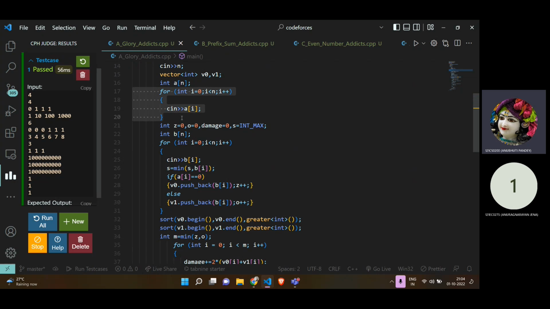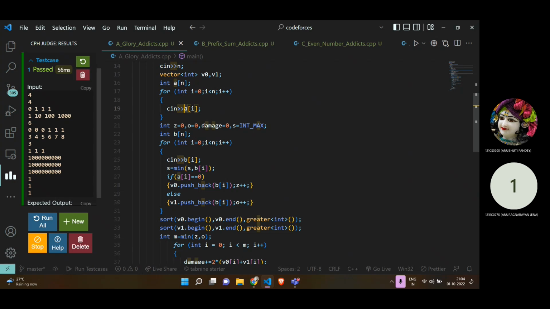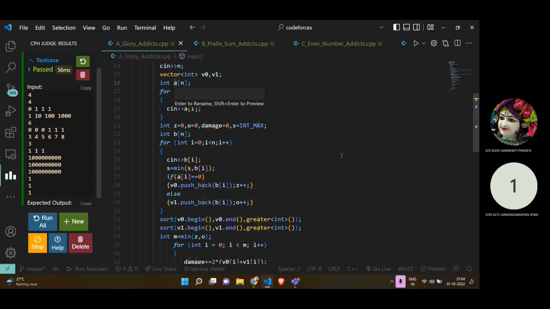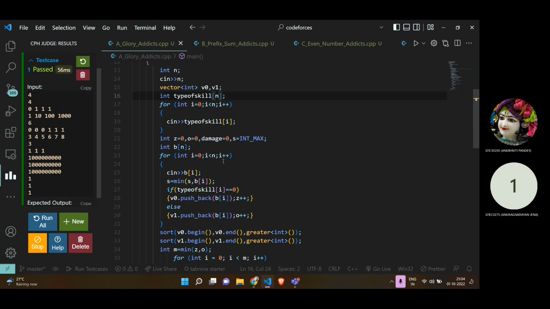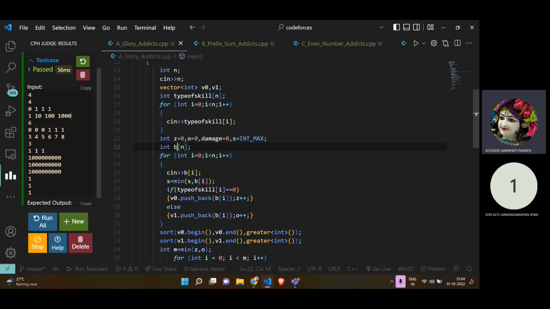Then we input this array of types. Then we'll input the array of damage which the hero can give. This is the skill of the hero, so we can name this as skill.